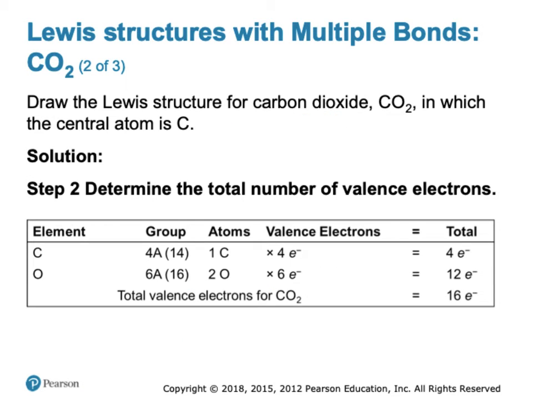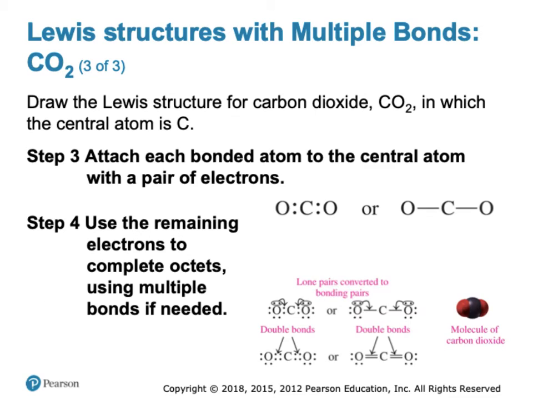All right, so here we have our total number of valence electrons. Now, what we're going to do is draw in the bonded electrons, or again, you can have them as bonds, whatever you prefer. Next, we need to add the remaining electrons so that everything has an octet.